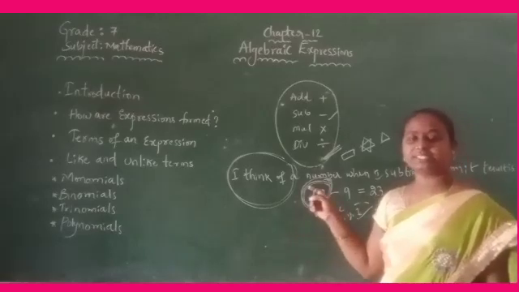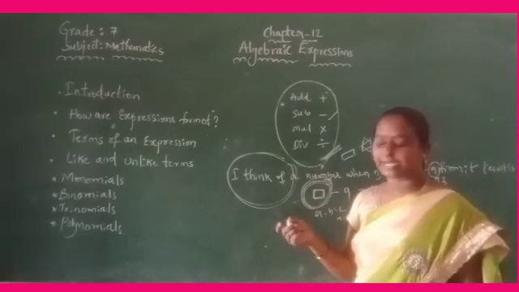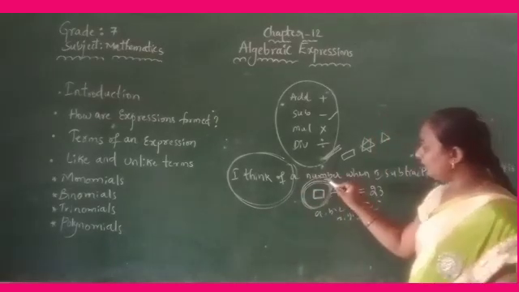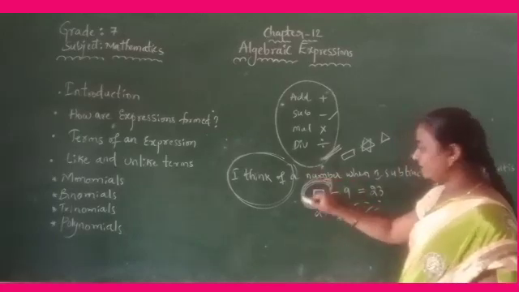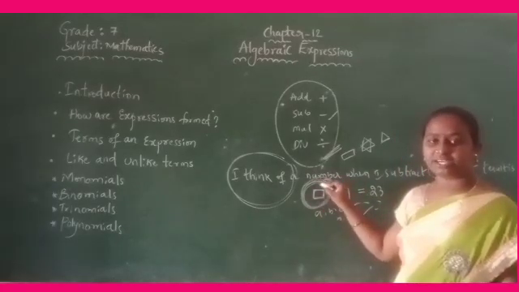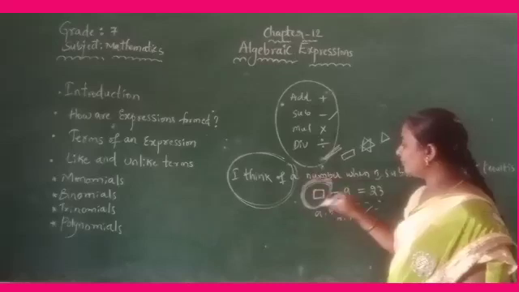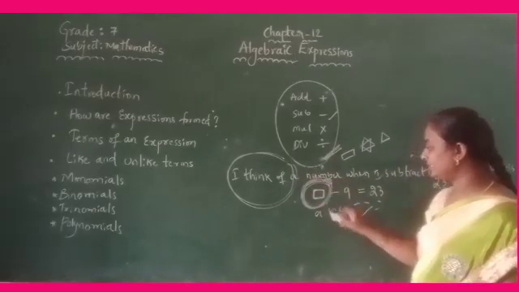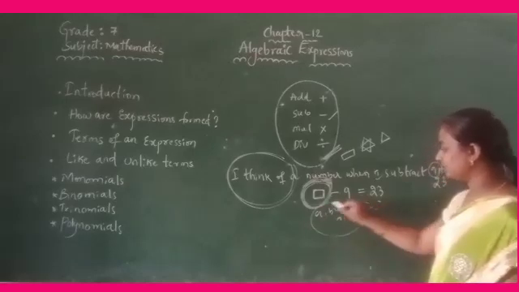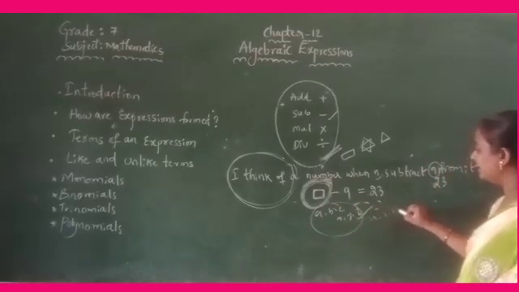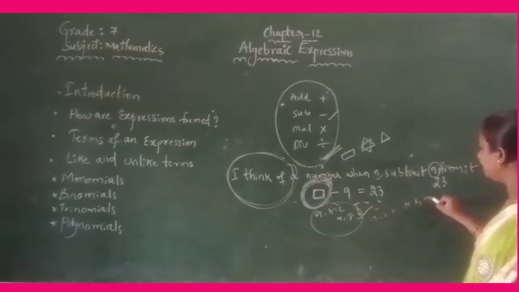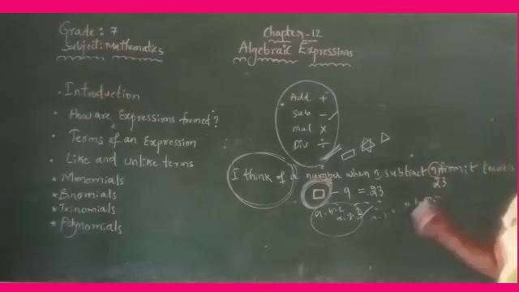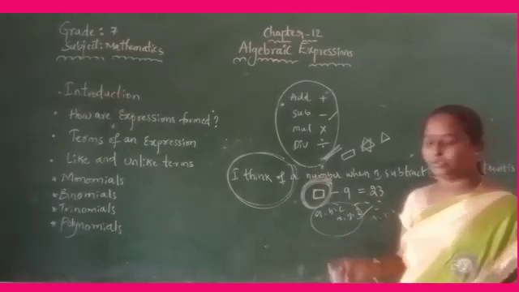Algebra is the branch of mathematics. It is not possible to use these symbols all the time. That's why, instead of these symbols, we use letters such as X, Y, Z or K, L, M, N, P, Q.